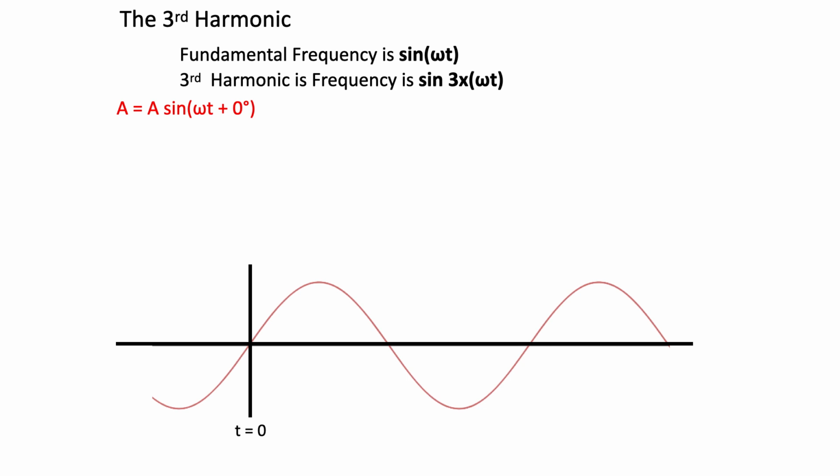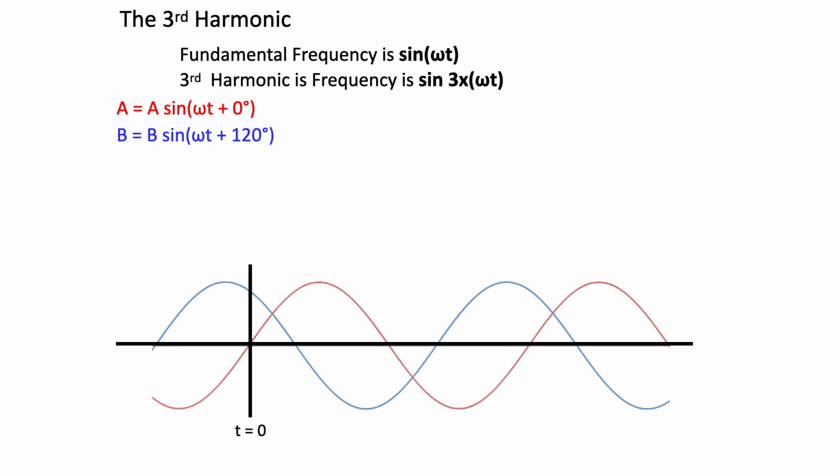The blue phase fundamental frequency is leading the red phase by 120 degrees, then the blue phase sinusoidal wave formula is given by B equals B sine omega t plus 120 degrees.